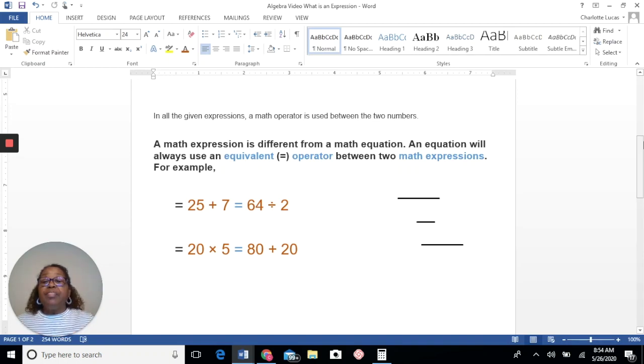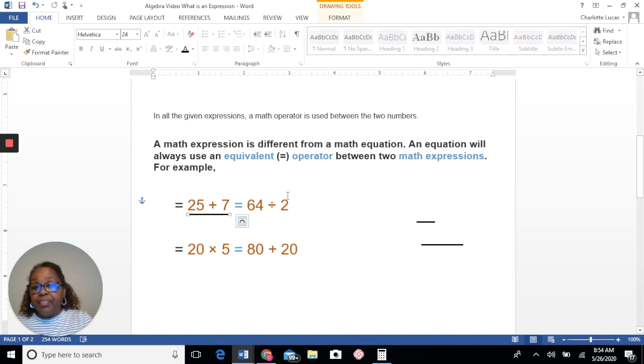A math expression is different from a math equation. An equation will always use an equivalent operator, the equal sign, between two math expressions. So first you have to start with two math expressions. An expression is a number, an operator, and a number. So that's a math expression.